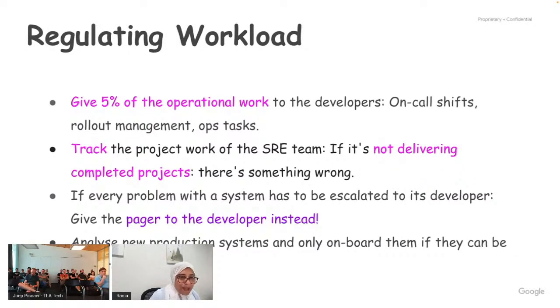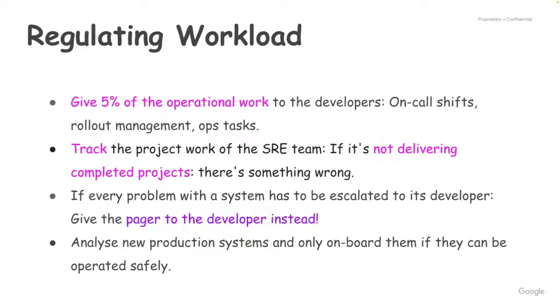Also, one of the main things to consider: if every problem you face in the system must go through the developer, then there is a big problem. It's a balance thing. We are not replacing DevOps engineers with developers, and that is not the ultimate goal.